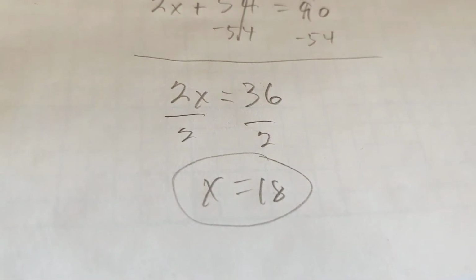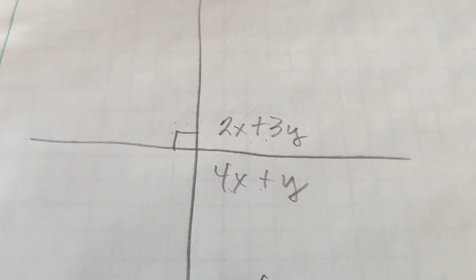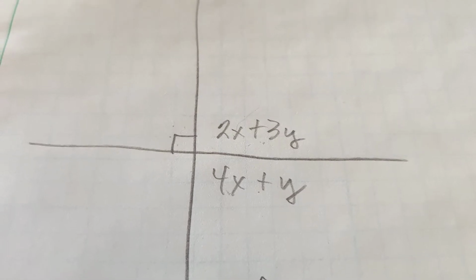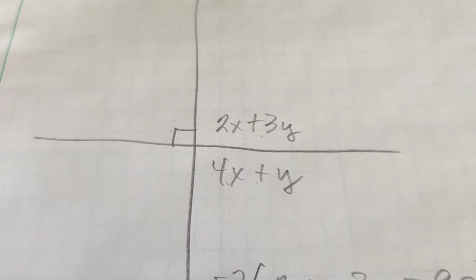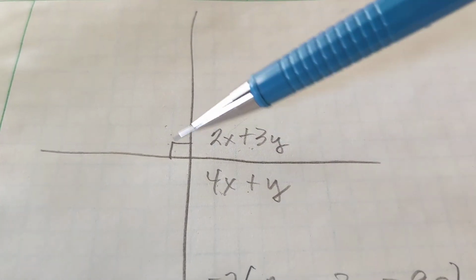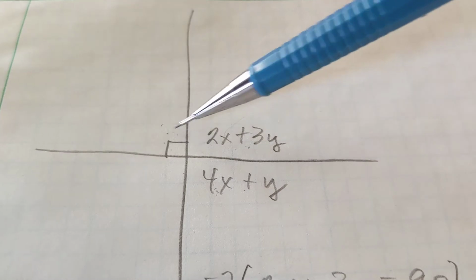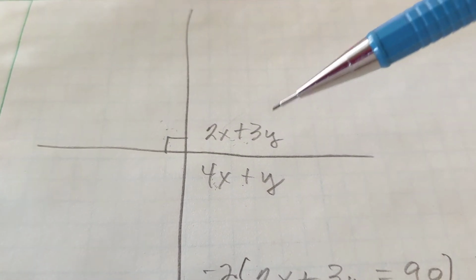So in this problem up here, I was solving for x and y. So this says solve for x and y, and I had this drawing. So I'm using the concept of vertical angles, the fact that this has to be congruent to 90 degrees and this has to be congruent to 90 degrees because it forms a linear pair.